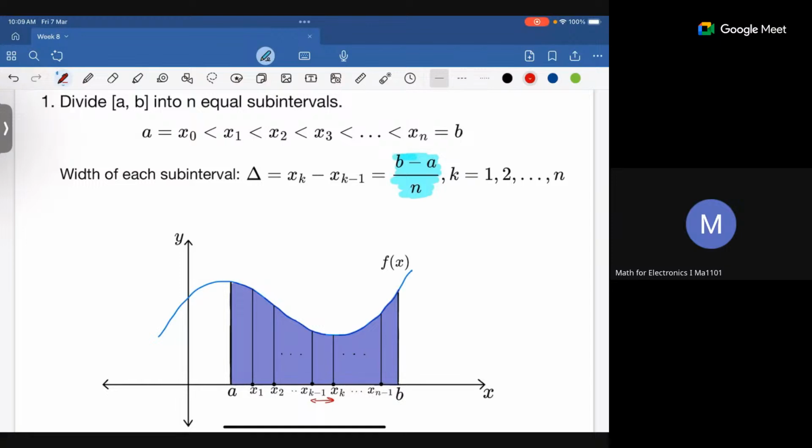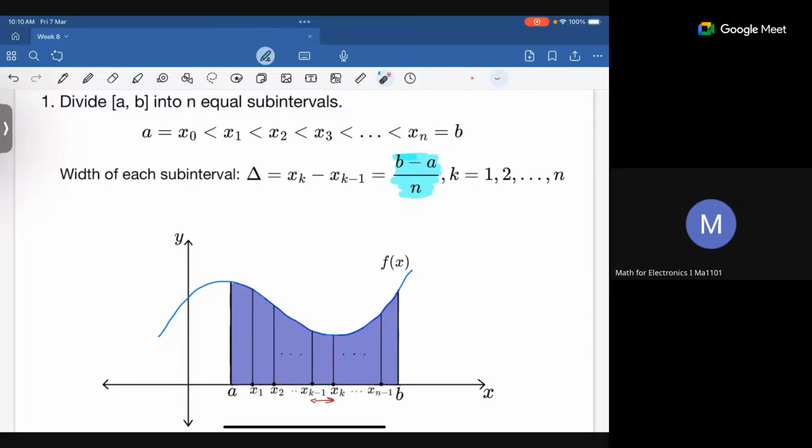If you are dividing the whole a to b into two intervals, one interval should be b minus a by 2, another interval should be b minus a by 2. If you are dividing the interval ab into three intervals, then b minus a by 3 will be the first interval, the second interval will be b minus a by 3 in length, and the third interval will be b minus a by 3.